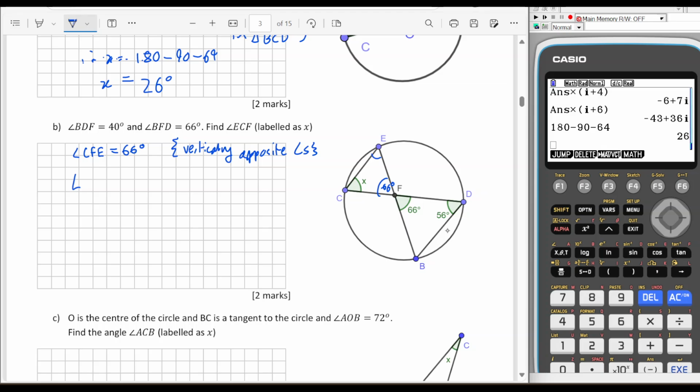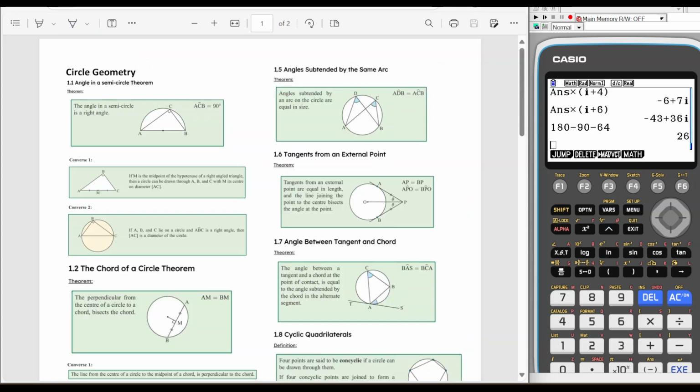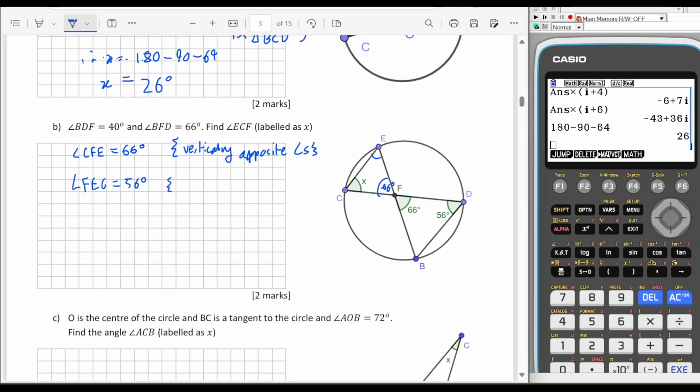Angle FEC, that's 56 degrees. And this is, let's see what that theorem was called, angles subtended by the same arc. That's 56 degrees.